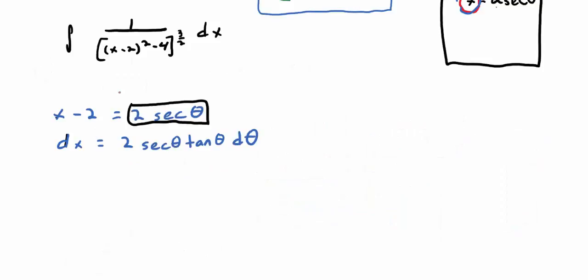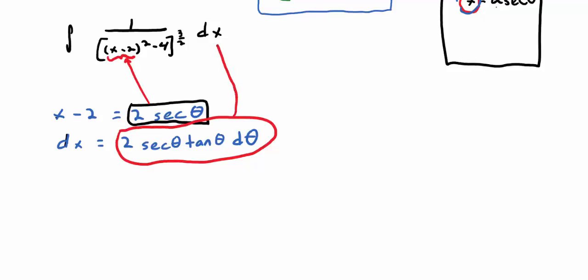Let's go ahead and make the substitution. So x minus 2 equals 2 secant theta. That 2 secant theta goes right in there for x minus 2. And then, of course, for dx, 2 secant theta tangent theta goes in right there. We're keeping our fingers crossed that this cleans up nicely once the smoke settles. So down here we get 2 secant theta quantity squared. I'll show all the dirty details, and then I'll clean it up.